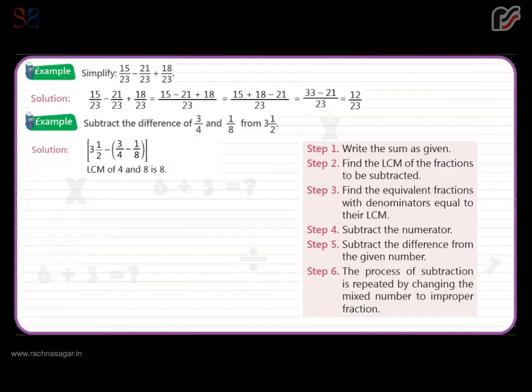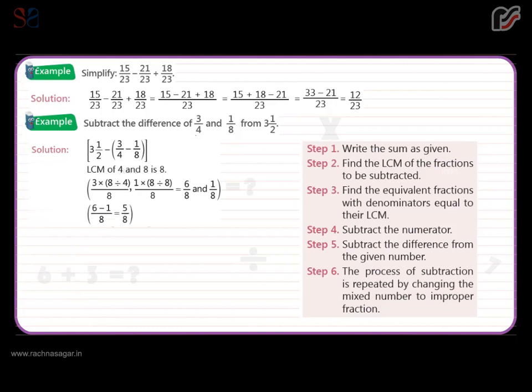LCM of 4 and 8 is 8. Step 3. Find the equivalent fractions with denominators equal to their LCM: 3 multiplied by 8 divided by 4 upon 8 and 1 multiplied by 8 divided by 8 upon 8 is equal to 6 upon 8 and 1 upon 8.